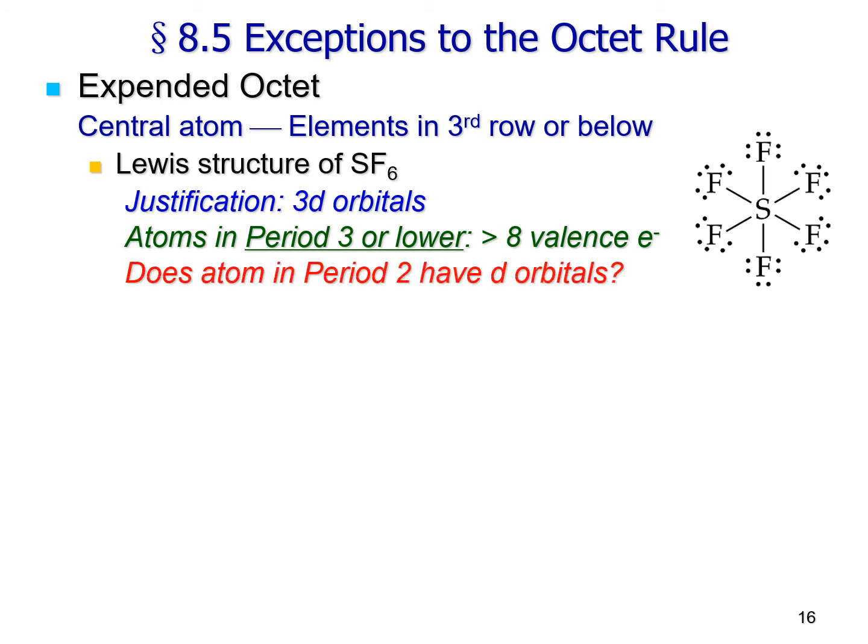What happens if you have atoms in the second period? Is that octet and octet only? Yes, because for elements in the second period, n equals 2. There's no d subshell for that. Remember, for a d subshell to appear, n must be 3 or more.